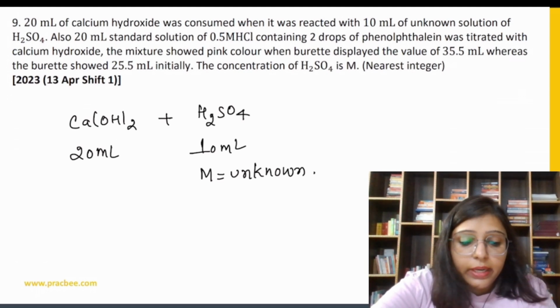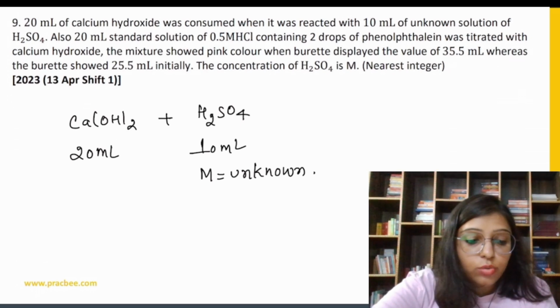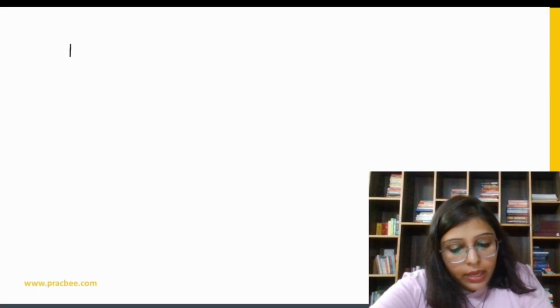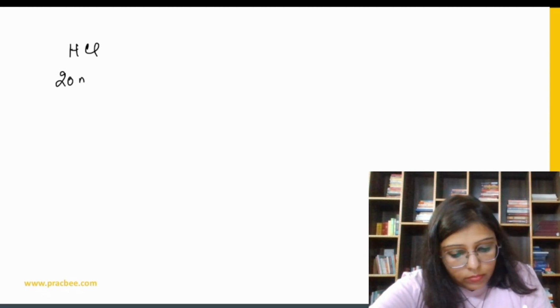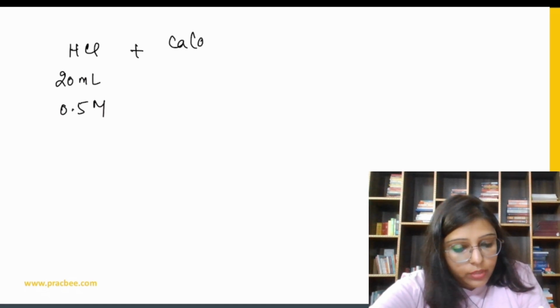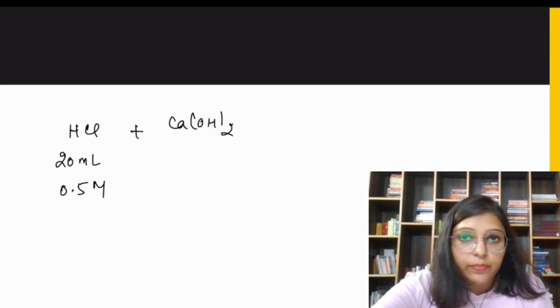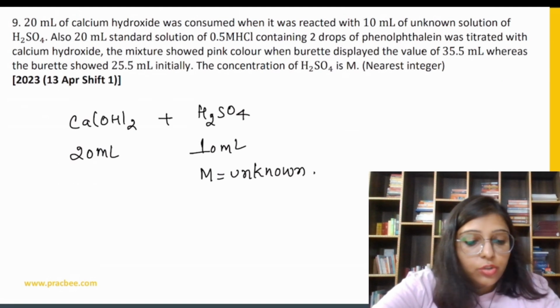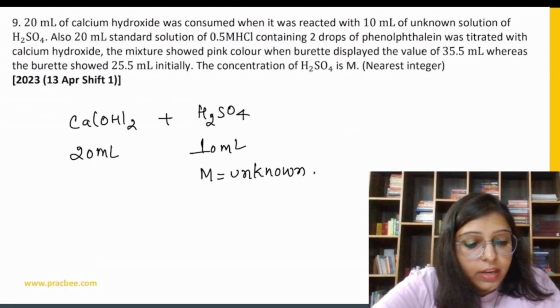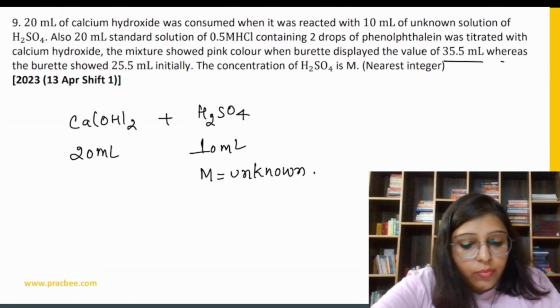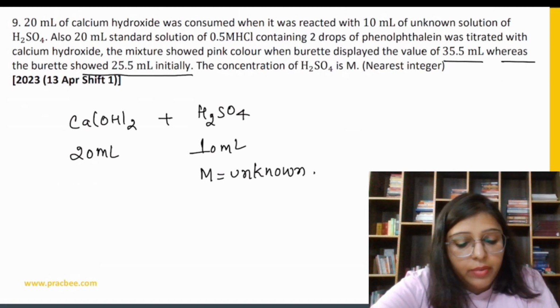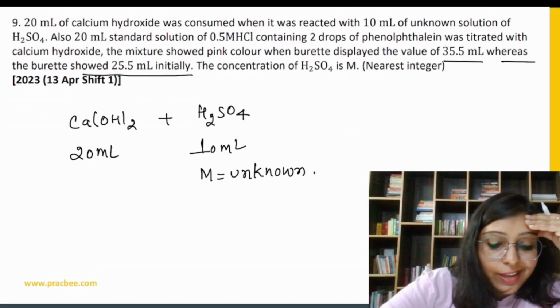Also, 20 ml of standard solution of 0.5 molar HCl containing 2 drops of phenolphthalein was titrated with calcium hydroxide. The mixture showed pink color when the burette displayed the value of 35.5 ml, whereas the burette reading was 25.5 ml initially.